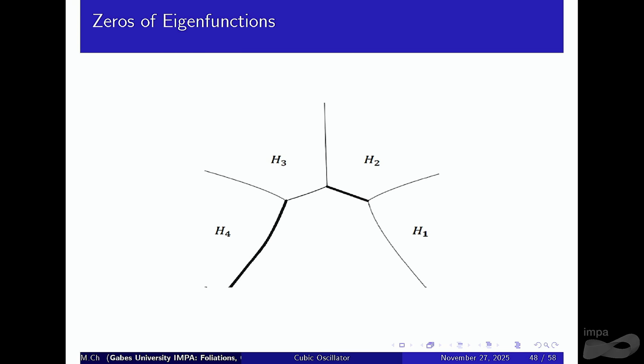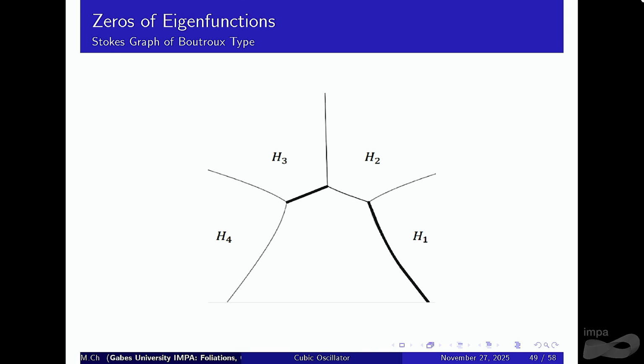If we treat the 3 cases, if the solution is subdominant in H1 and H3, the zeros of our eigenfunction will be here and here. If the solution is subdominant in H2, the zeros will be here and here. This is the bounded component, and this is the unbounded component.